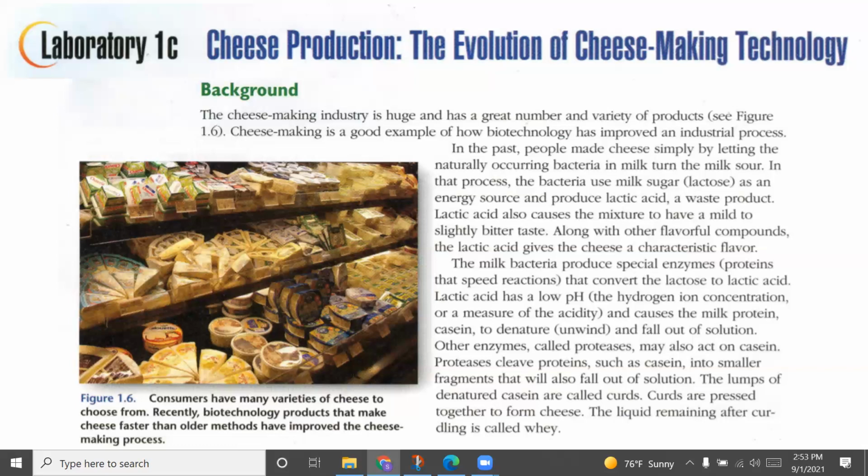Just start with the purpose. Yeah, you can do purpose.